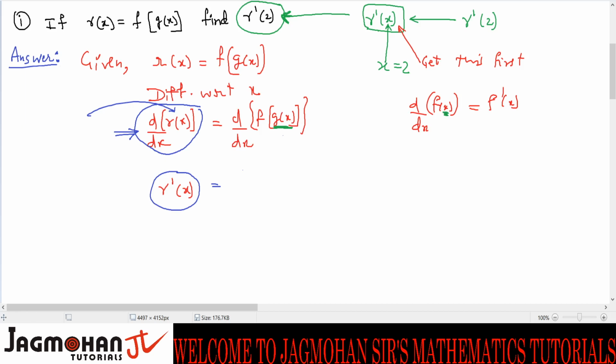When I'm differentiating f of x, the variable of the function f is x, and I'm differentiating with respect to x. So the variable of the function and the variable with respect to which you are differentiating are matching.